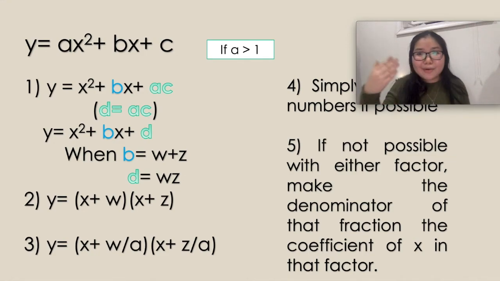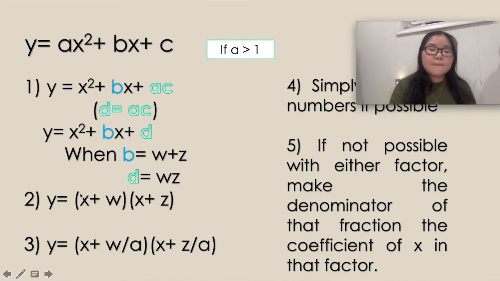So now can you realize the fact here? The fact is you will see the equation with a equal 1, and now you apply the previous method to solve this equation. That's easy, right? So here you just factor it into w and z. So b will be w plus z and d will be w times z.